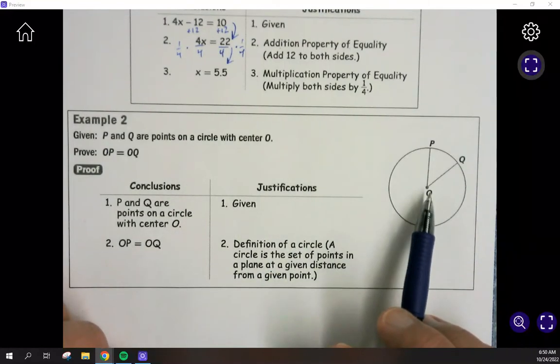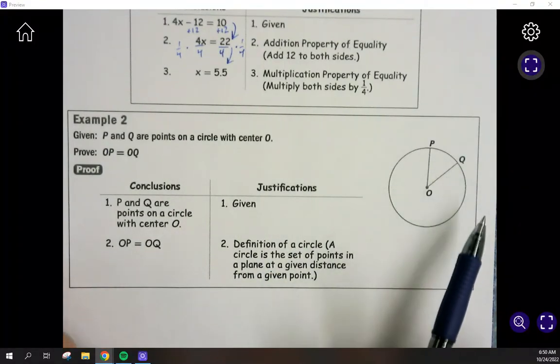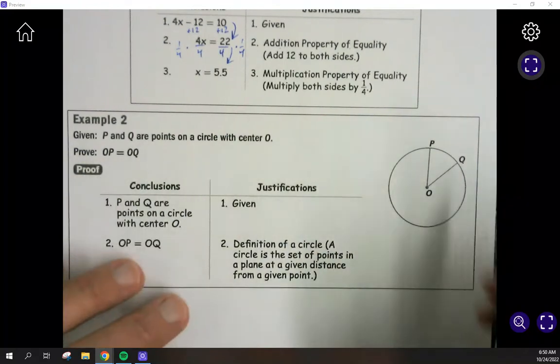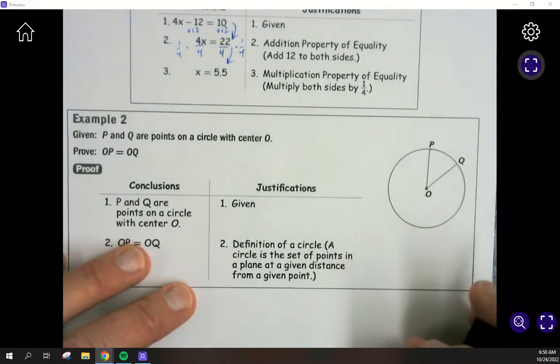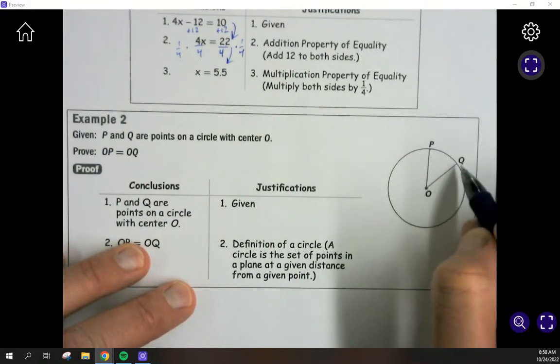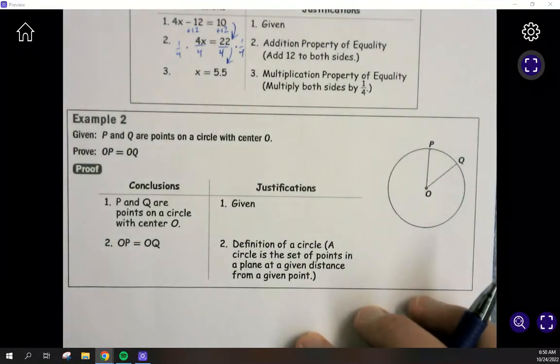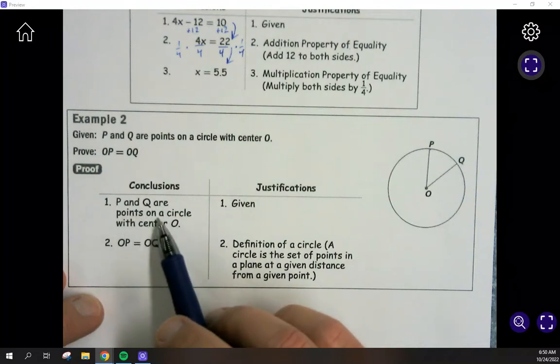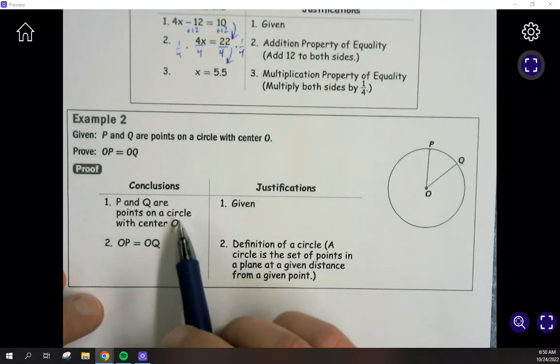And we know that O is in the center. It's not just a random point in the middle or in the interior of this circle. We want to prove that OP, that segment, is equal to OQ. So again, when you write a proof, the first line is always going to be your given. So your conclusion is P and Q are points on a circle with center O.